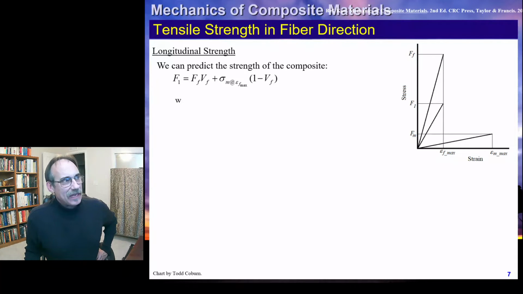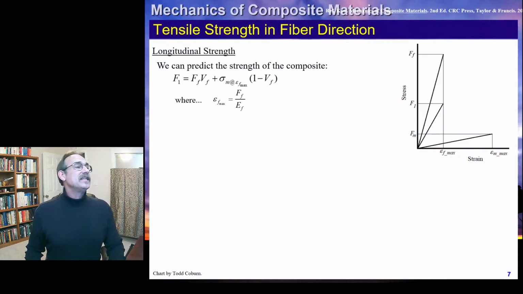We've talked about that in the last couple slides. Now, to define where this is, remembering Hooke's law, we know the max fiber strain is just the max fiber strength divided by its modulus, assuming that we're behaving elastically. Okay, no problem.